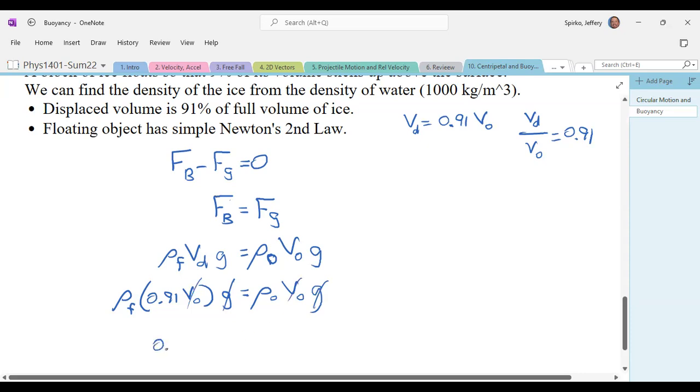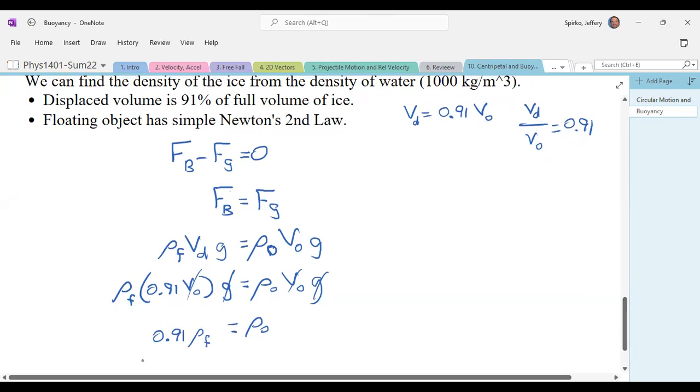And I find that 0.91 rho fluid is equal to rho object. Plug in the 1,000 and I get 910 kilograms per meter cubed is the density of the object. So that's one fairly straightforward way to think about this situation. And it basically comes down to you take your density of the fluid and multiply it by the submerged fraction, and you get your density of the object.